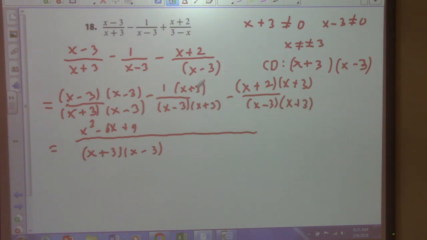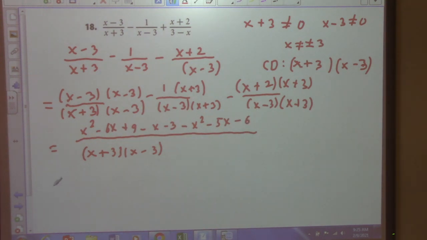And then we're subtracting this thing here. So minus x minus 3. And then we're subtracting this here. So minus x squared. And then we have 2x plus 3x, so that's going to be minus 5x. And then we're going to have minus 6.